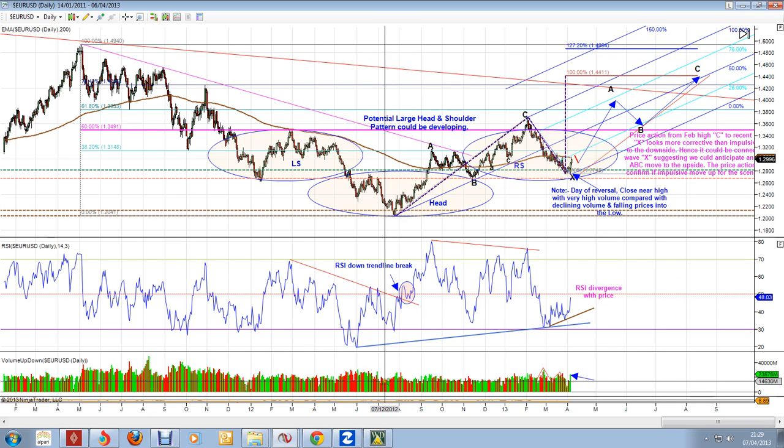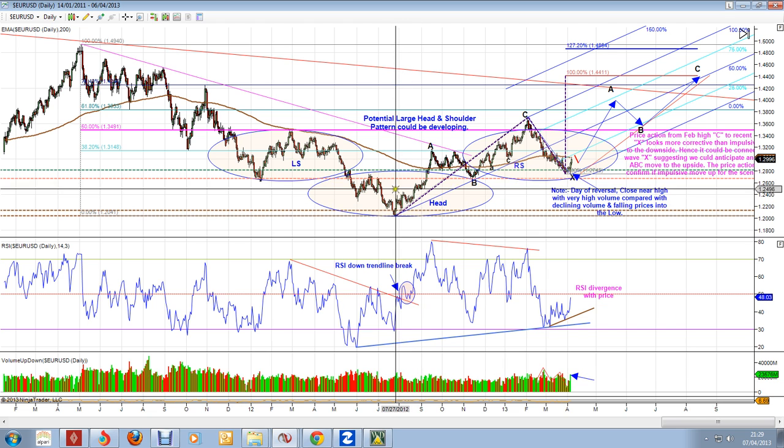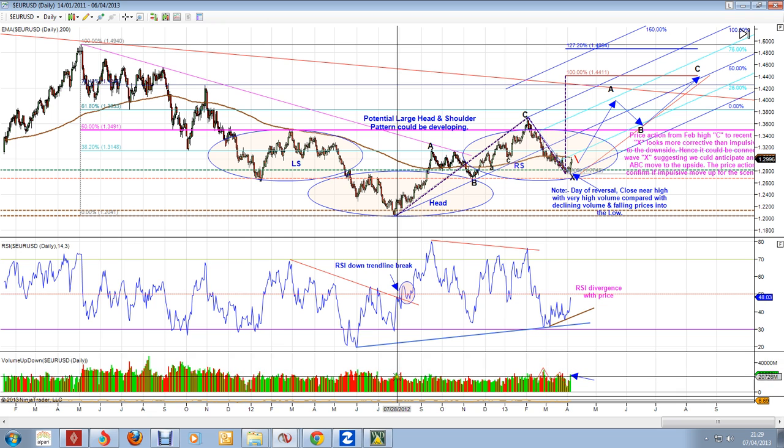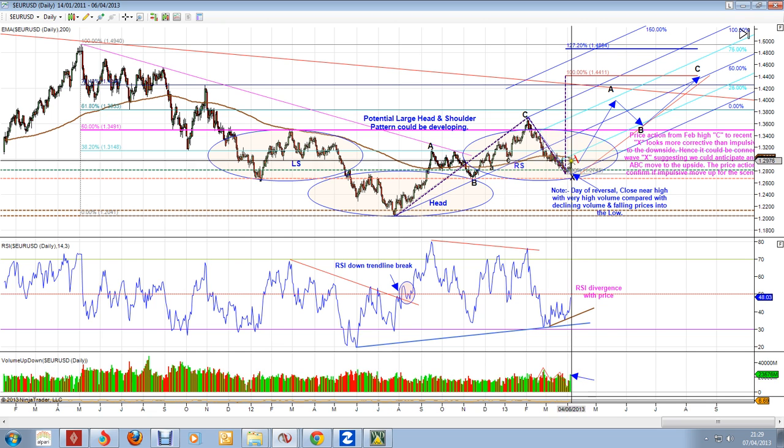As it was falling, the price was rising, and then after that, price really spiked high, but the bar closed bullish, suggesting that probably was a climax. And I think I'm noticing the same thing here.